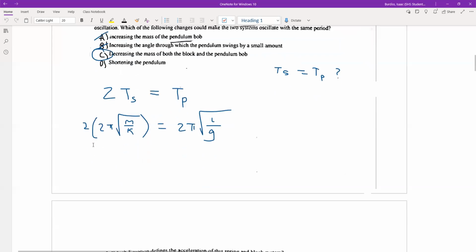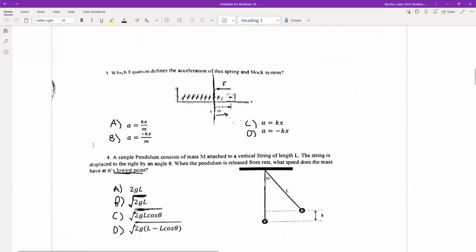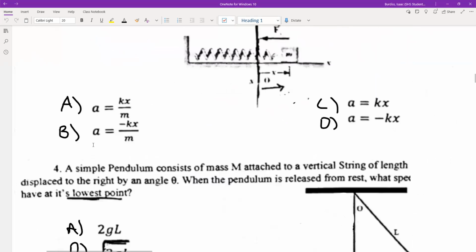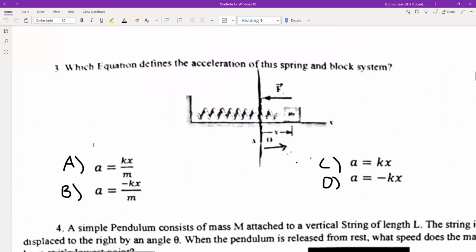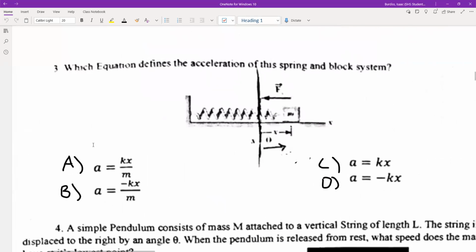Okay, now we're moving on to this problem. Which equation defines the acceleration of this spring and block system? Well, it doesn't really tell us anything, so k is not what we need, but what about what we need to find?